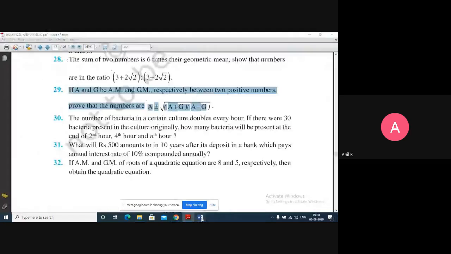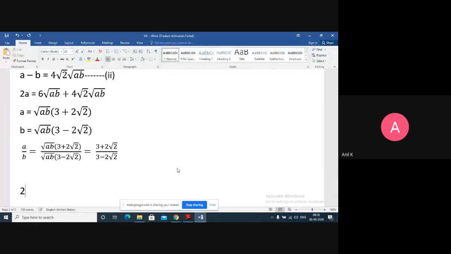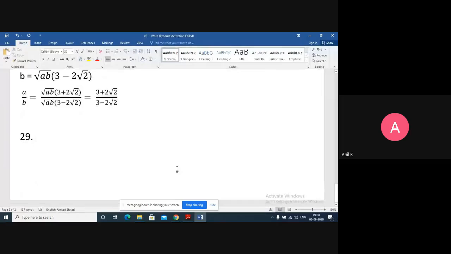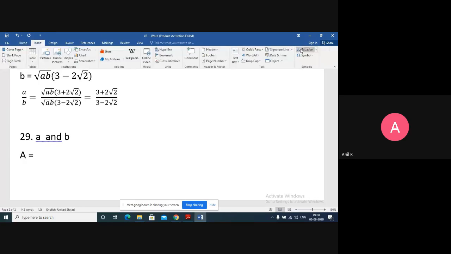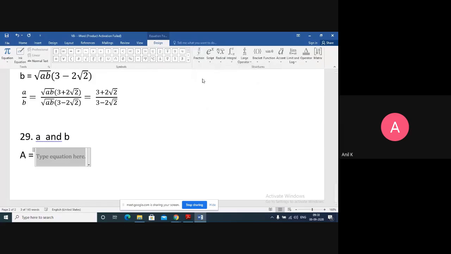So here also you start the question as: let the positive numbers be a and b. Capital A is given as the arithmetic mean. If I know a and b, the arithmetic mean is given by (a plus b) upon 2.